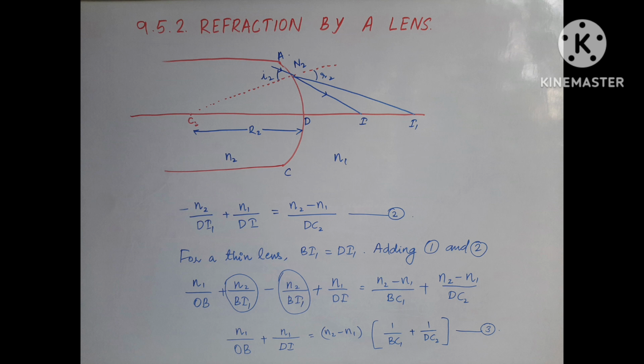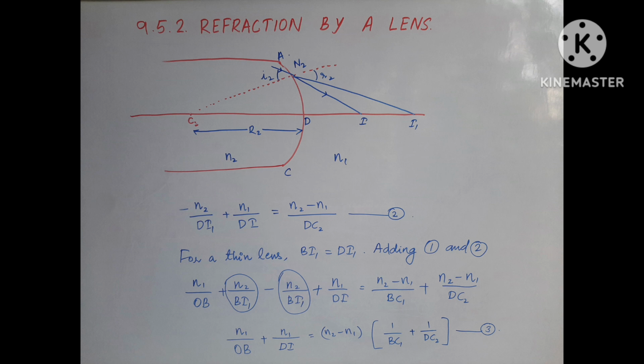We get n1 by OB plus n2 by BI1 minus n2 by BI1. These two terms cancel. The remaining is n1 by OB plus n1 by DI is equal to n2 minus n1 into 1 by BC1 plus 1 by DC2.